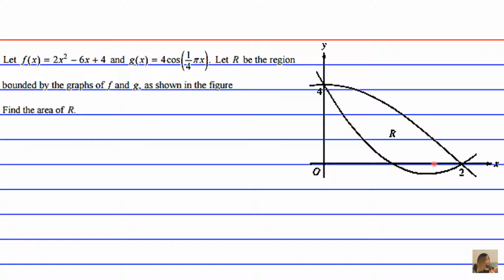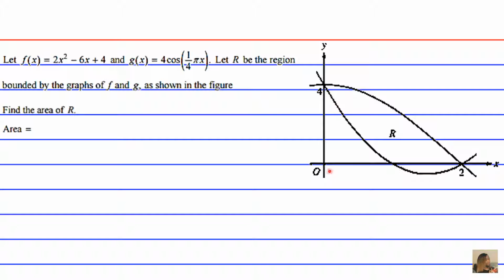Therefore, in our case, the area of this bounded region is going to be equivalent to the area under the curve of this function, which is g of x, minus the area under the curve of this function, which is f of x.